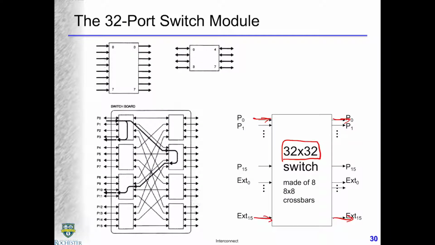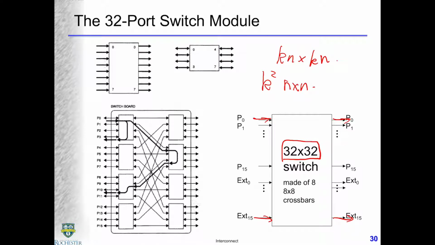So the 32-port module is really built out of smaller switches. Remember that we talked about this. If I want a kn by kn crossbar made out of smaller ones, it's k squared n by n, and that's exactly what's happening.